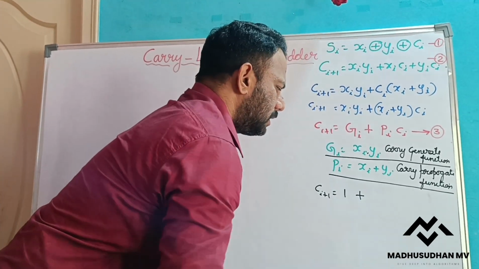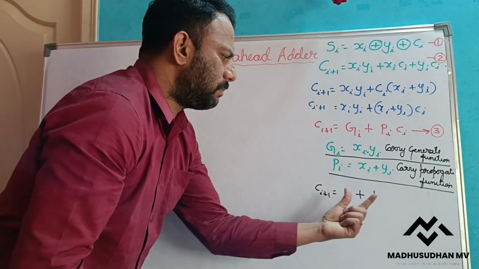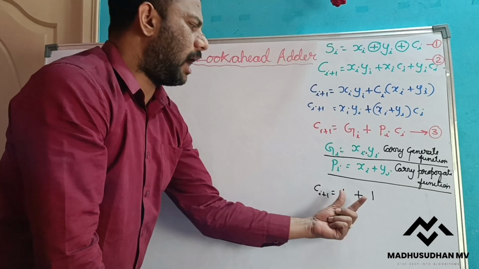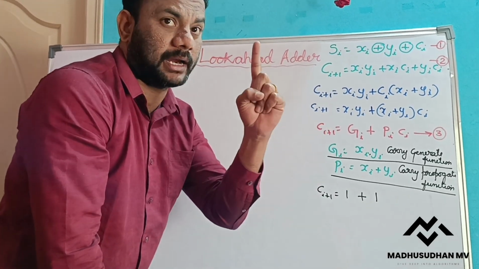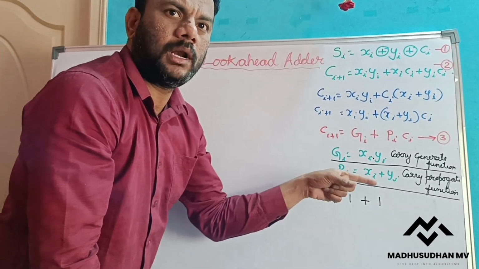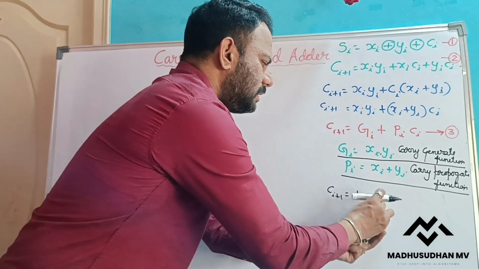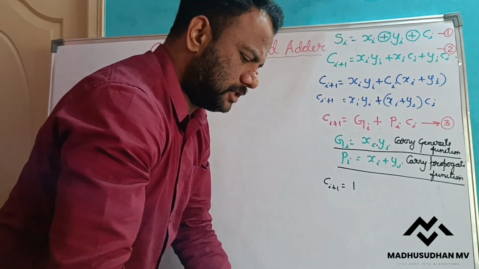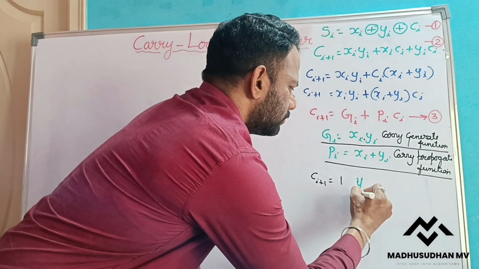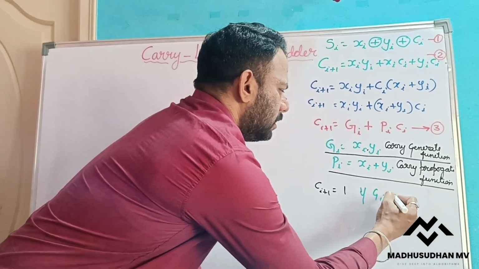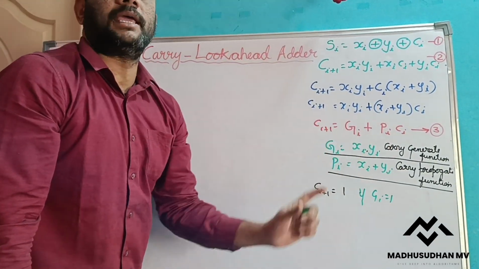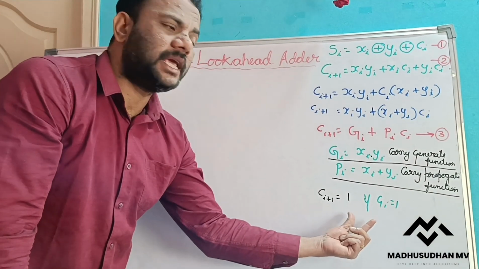Suppose this term pi into Ci is 1, then 1 plus 1 is also 1, because plus is nothing but the OR gate. 1 OR 1 is 1, and 1 OR 0 is also 1. That means if gi is equal to 1, then there is no need to depend upon Ci.